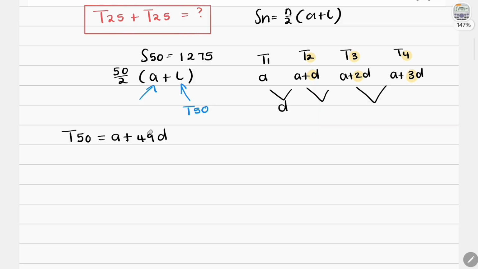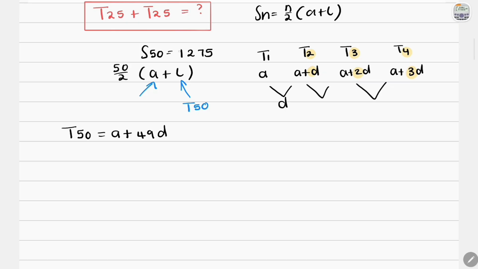So one number less than the term value, and then A is just the same. So that would mean to find the sum of 50 terms, we would say S of 50 is equal to, and we would say again n over 2, which is 50 over 2. And then A is just A, and then plus the last term, which is term 50. That is A plus 49D.